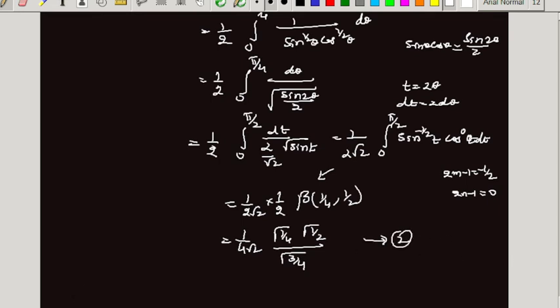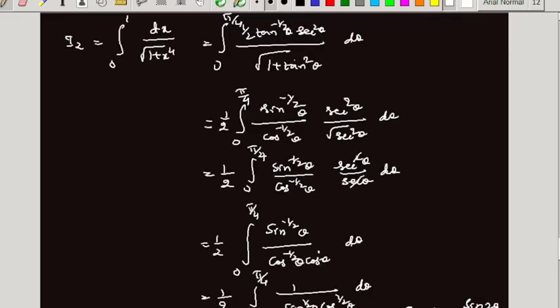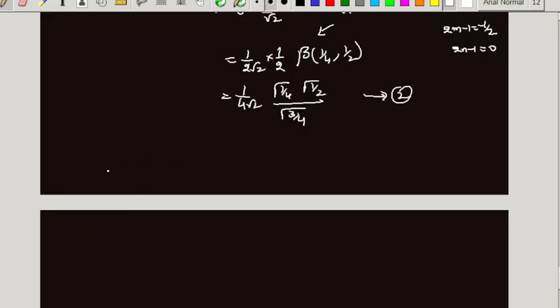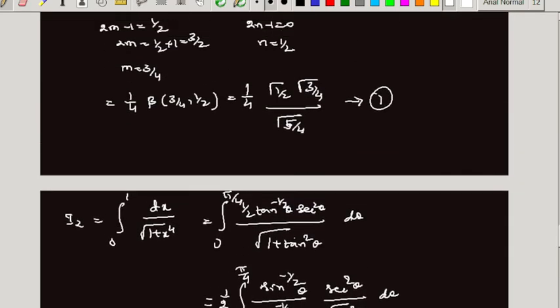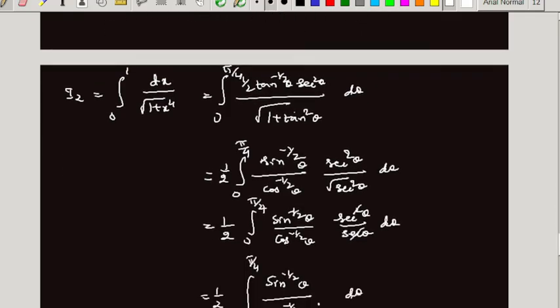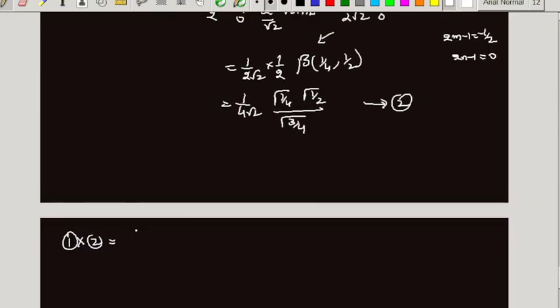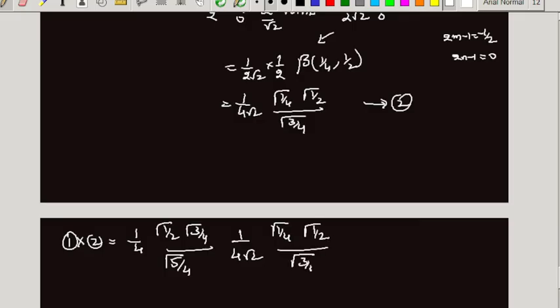Now we multiply 1 and 2. So what is 1? 1 is 1 by 4 into gamma 1 by 2 into gamma 3 by 4 by gamma 5 by 4. 1 by 4 gamma 1 by 2 gamma 3 by 4 dividing by gamma 5 by 4, and here we have 1 by 4 root 2 into gamma 1 by 4 into gamma 1 by 2 dividing by gamma 3 by 4.